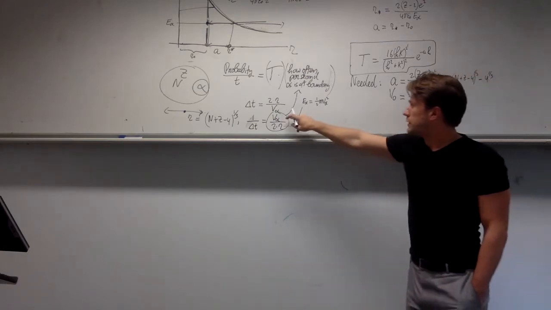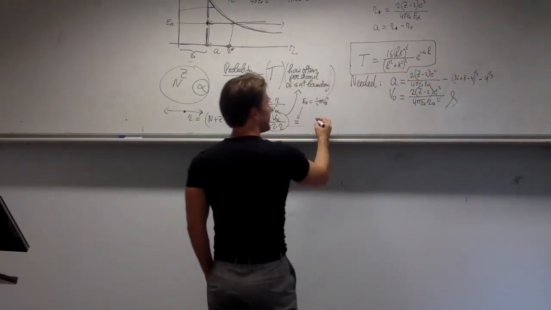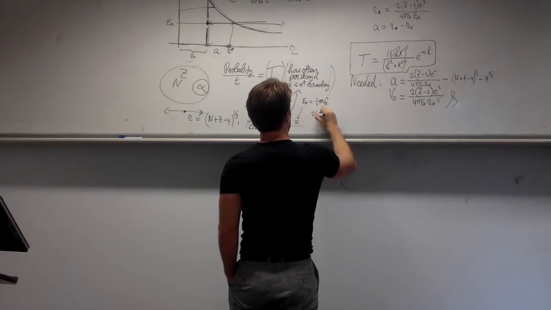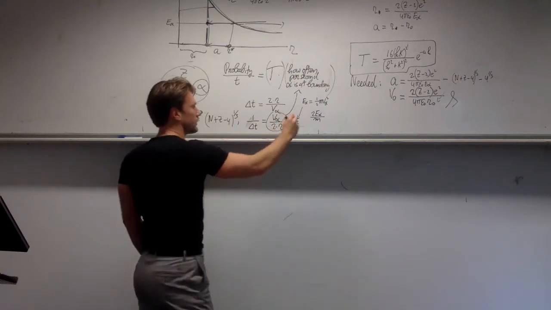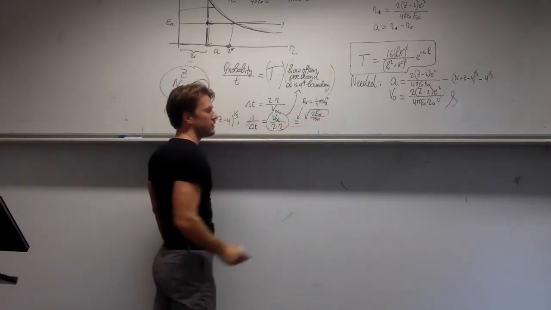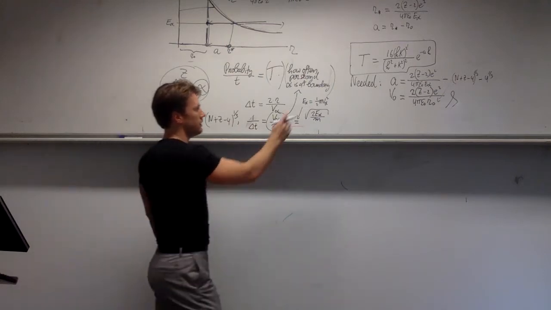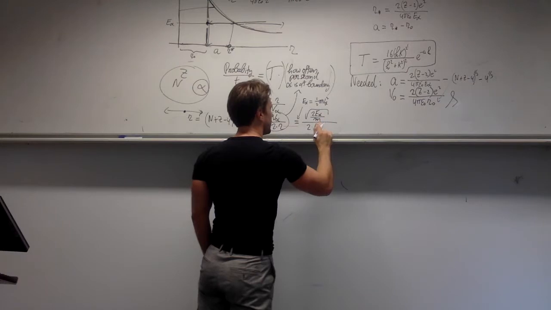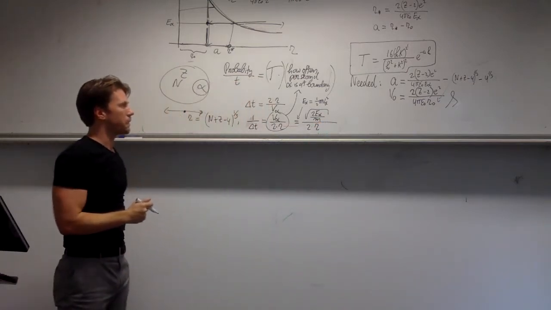In other words, velocity squared you can very easily write as 2E over m, square root. This velocity of the alpha particle is just given now by its energy with the square root, because of the classical formula, divided by 2 times r, and there you go.